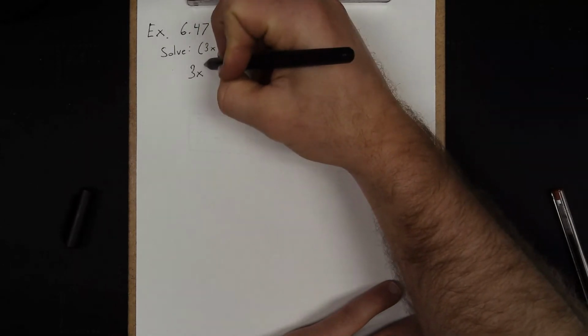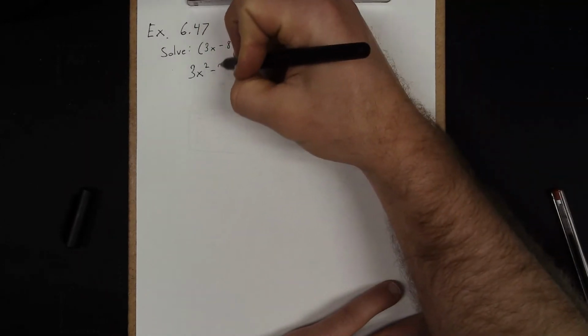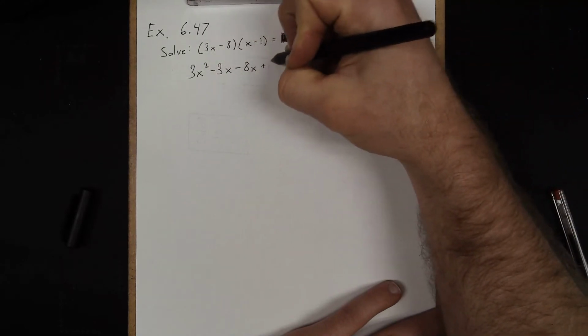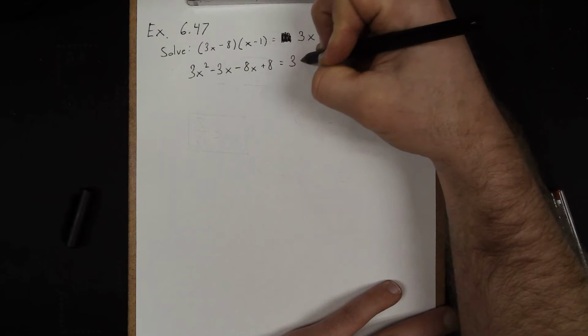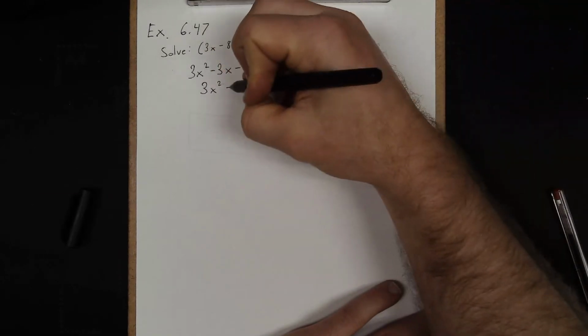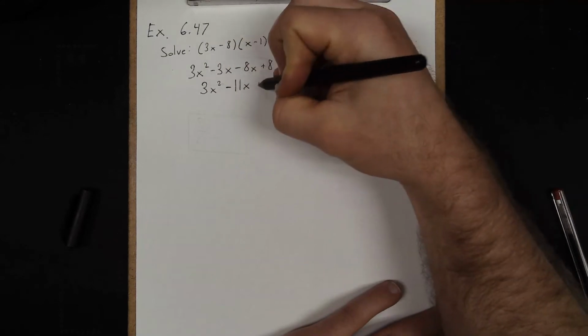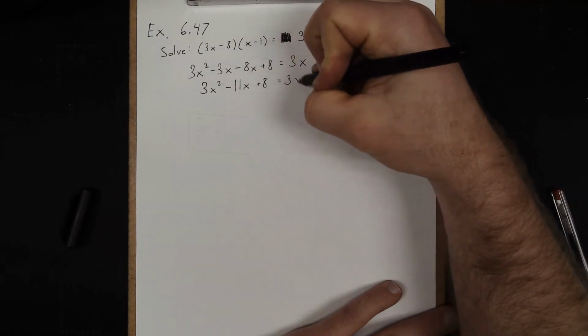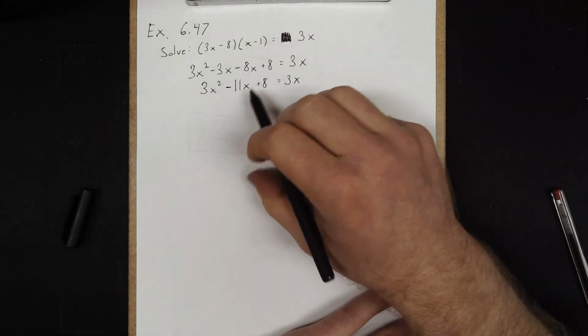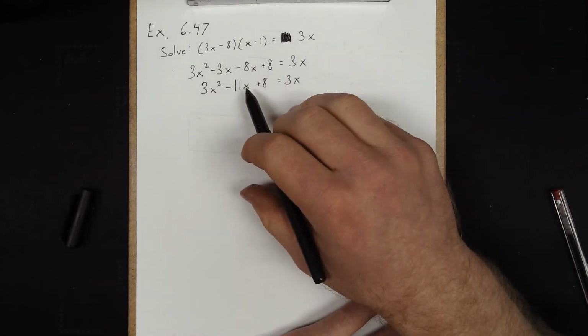We'll end up with 3x squared minus 3x minus 8x plus 8, which is equal to 3x. Okay, this becomes 3x squared minus 11x plus 8 equals 3x. Now we can subtract our 3x over because it's very clear what's going to happen when we do that now.